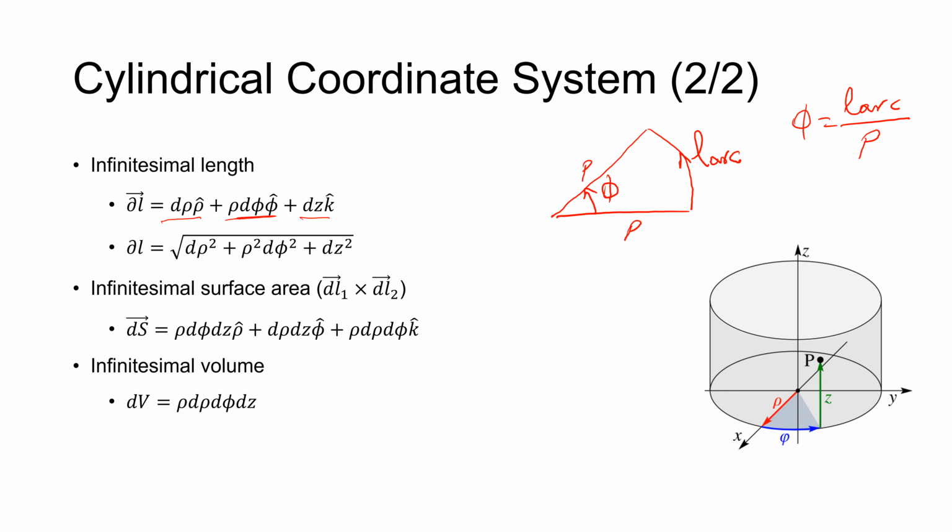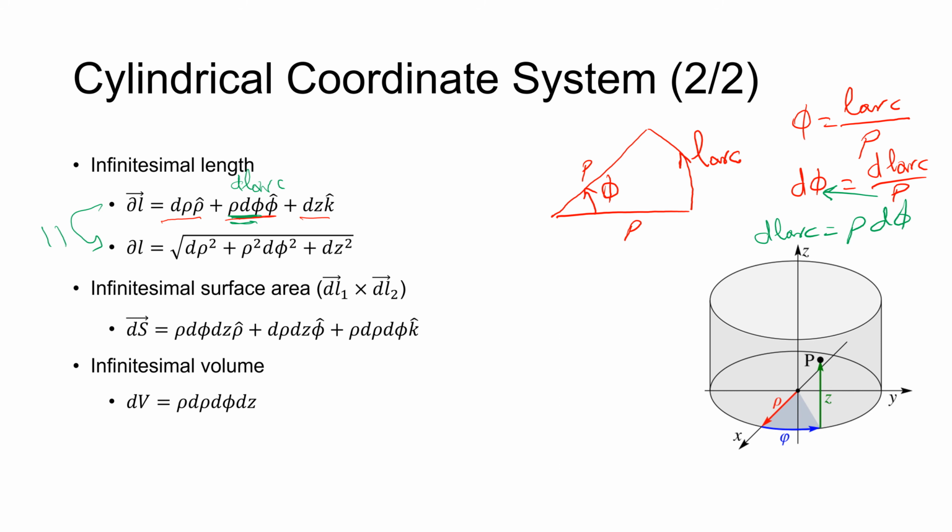Then if I would like to calculate d phi, I need also to take d of the L arc divided by rho. And if I reformulate this equation, I just multiply by rho. So I'll find that my d L arc is equal to rho d phi, because this is length, phi is just an angle. I cannot just place it here. So simply what you can find here is just d L arc. Then I simply can take the magnitude to calculate delta L as a length.